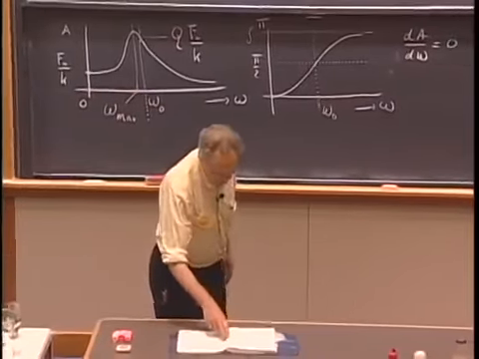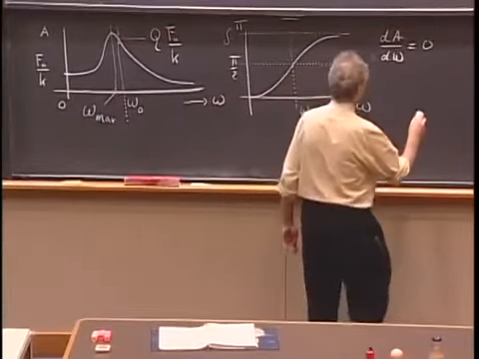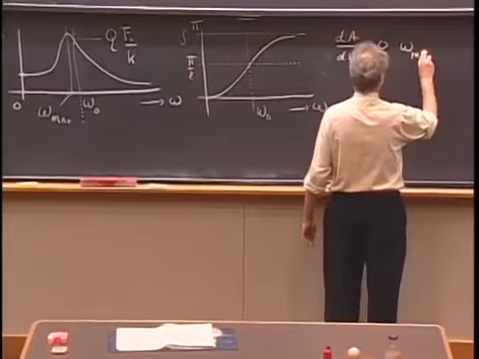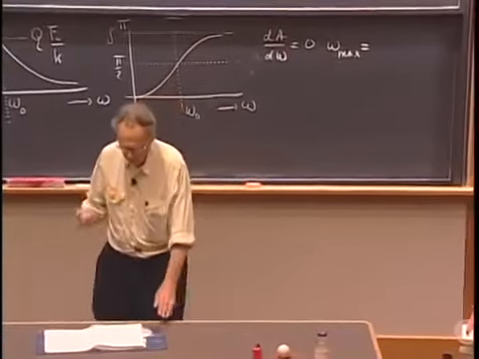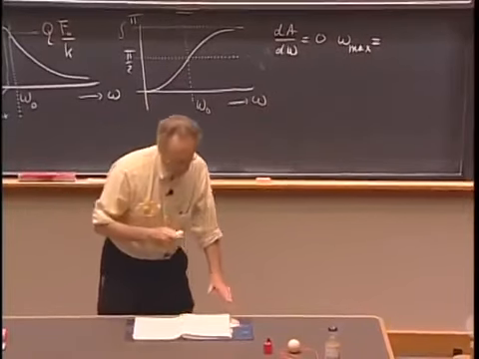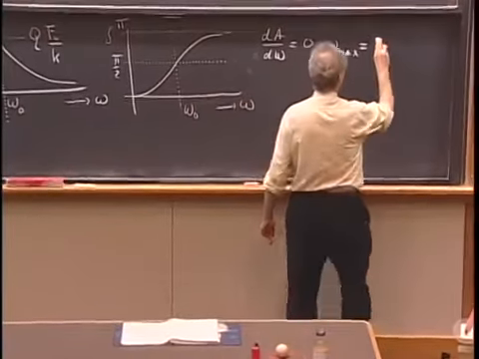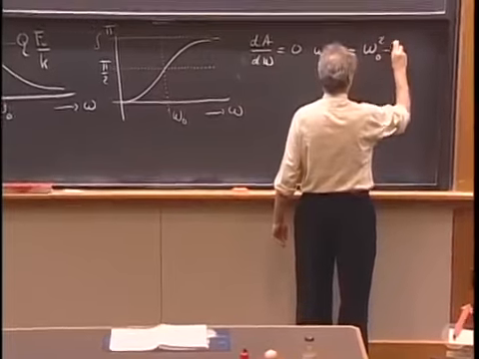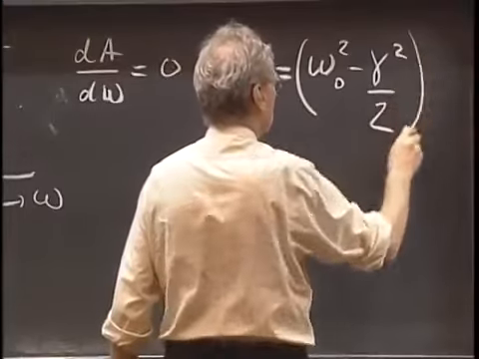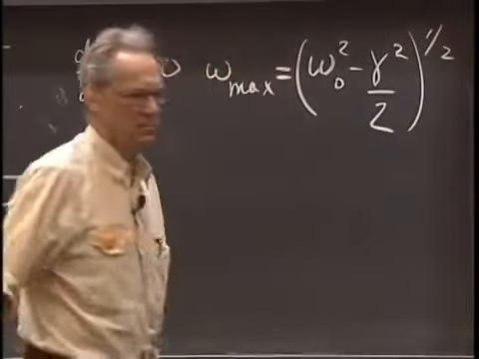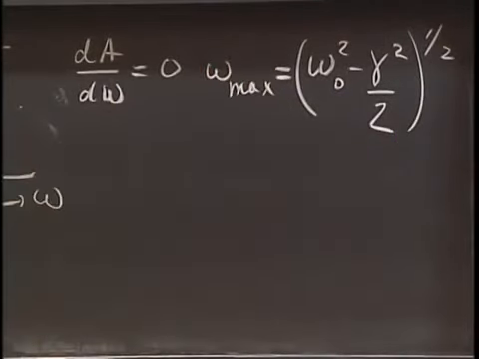And you will find then that omega max, so where the real maximum is located, the maximum in terms of amplitude, is omega 0 squared minus gamma squared over 2, not 4, but 2, to the power 1/2. Not so intuitive that it is there.